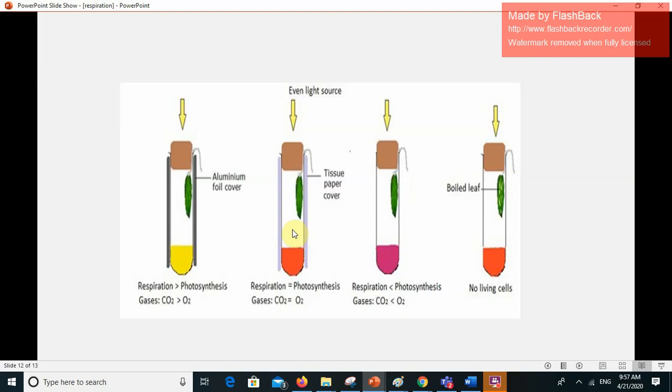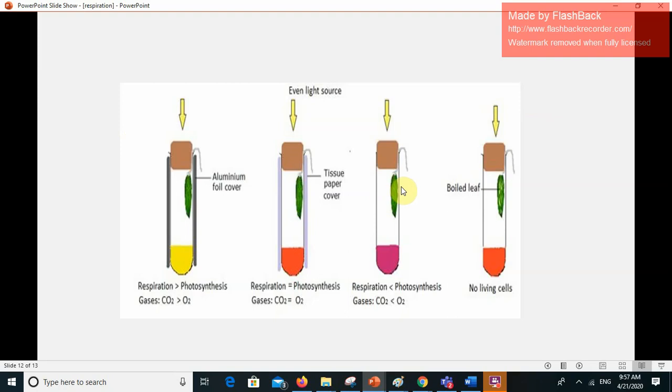Here, you may have another example of respiration equal to photosynthesis when we have a plant and an animal in the same test tube. We may have a plant exposed to light, so it is photosynthesizing, with an animal, wood lice or a snail, whatever, that is respiring. So the respiration here equals photosynthesis in this test tube, so the indicator is red.